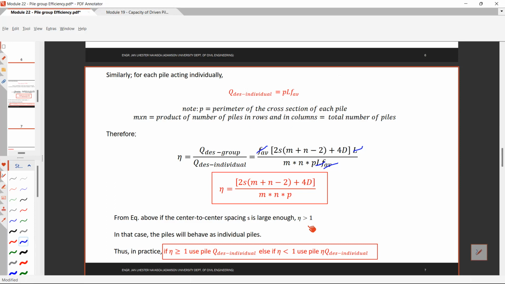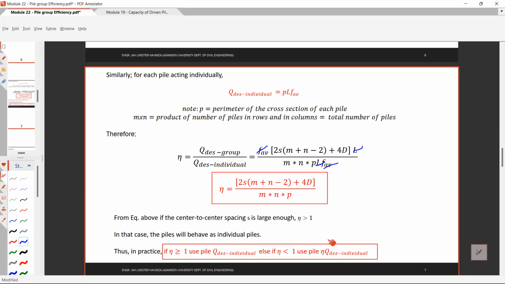So in practice, if mu is greater than or equal to 1 or greater than 100%, we just simply use the 100% or yung Q' individual. Else, if your mu is less than 1, you will use mu efficiency multiplied by the Q' individual.